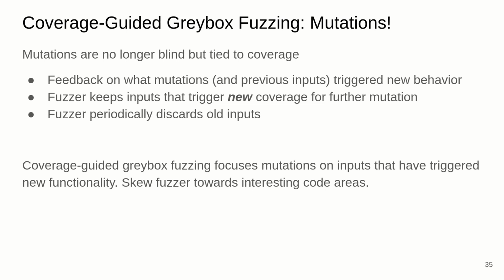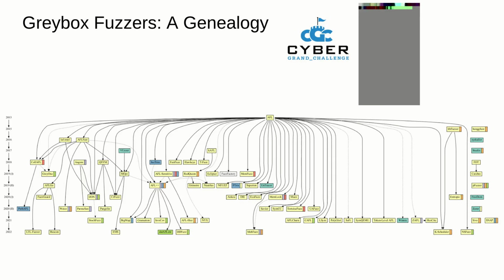The fuzzer periodically discards old inputs that are no longer interesting and have been subsumed by others. So there's this interesting optimization strategy on when to discard, how to adjust, and how to move back and forth. Coverage-guided Greybox fuzzing focuses on mutations and inputs that have triggered new functionality. So we skew the fuzzer towards these new and interesting code areas.